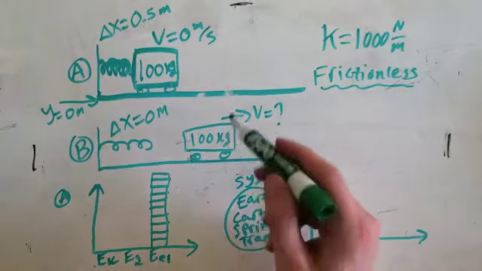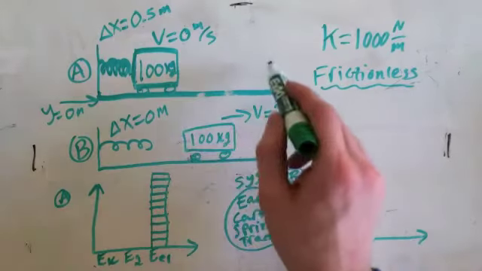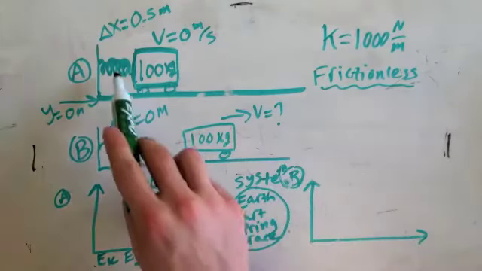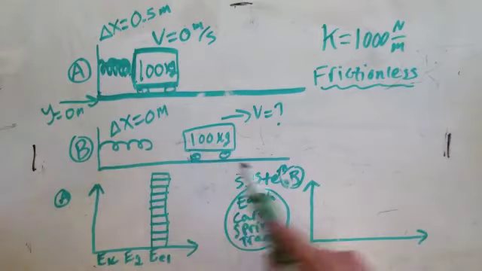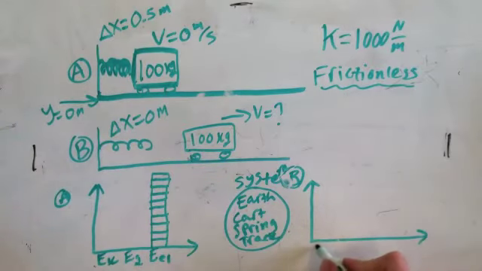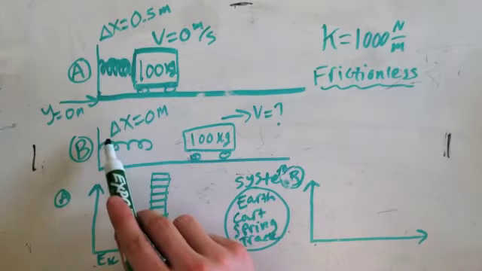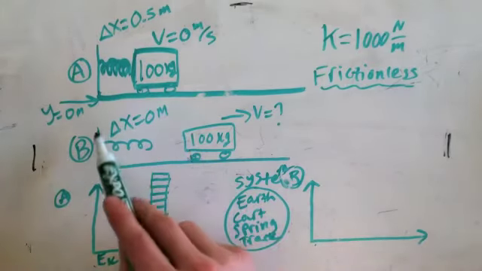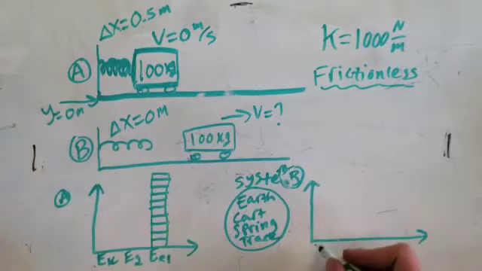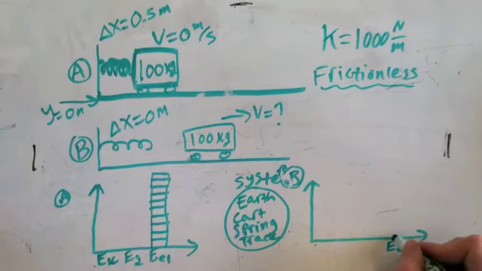Okay? Then the system changes. Energy is transferred from the spring to the cart. And so I get a change here in my B. I have 0 compression, so I can come down here. My elastic potential is now 0.